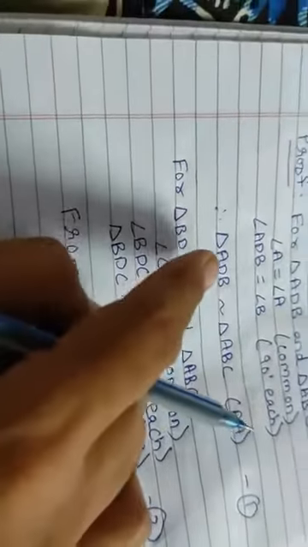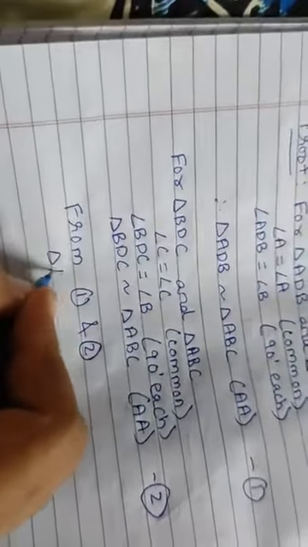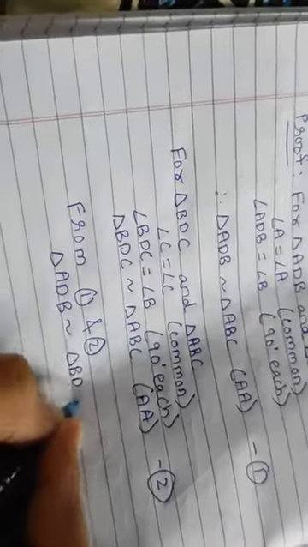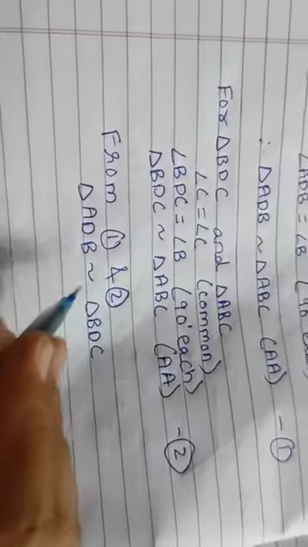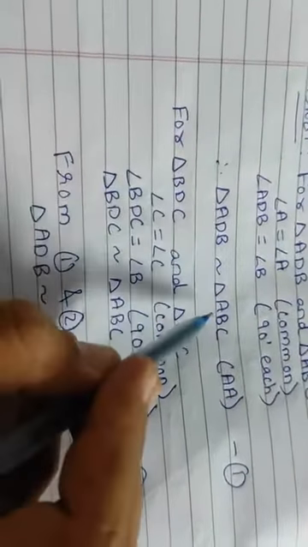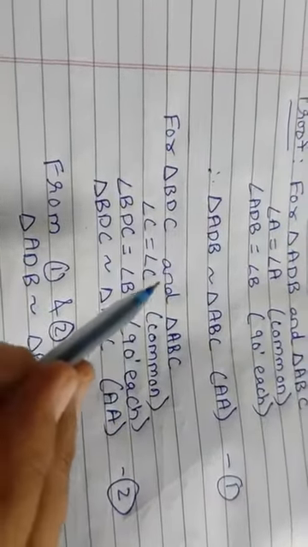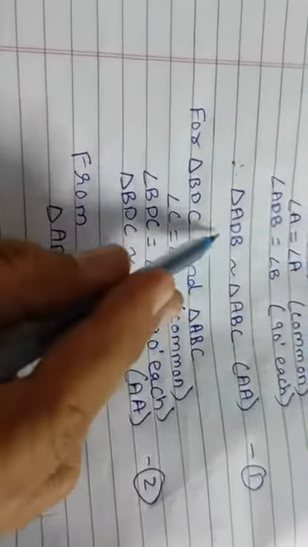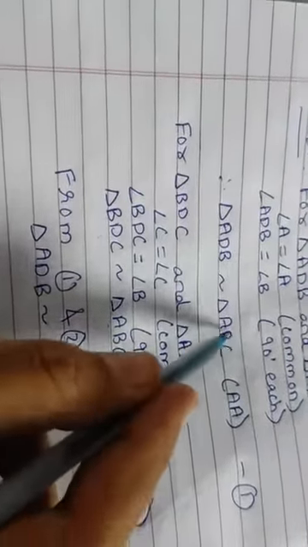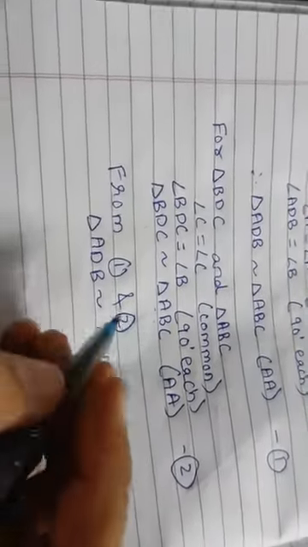Therefore, these two triangles are also similar to each other according to 1 and 2. Students, remember we do it like this: A equals B, B equals C, therefore A and C are equal. Remember? So in the same way ADB is similar to ABC, BDC is also similar to ABC. So ABC is common. So you get triangle ADB similar to triangle BDC.